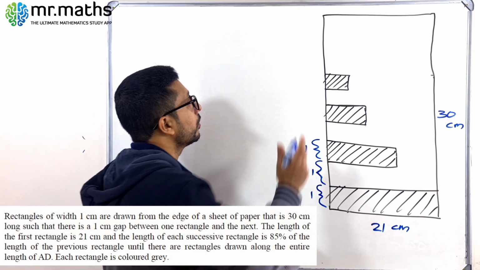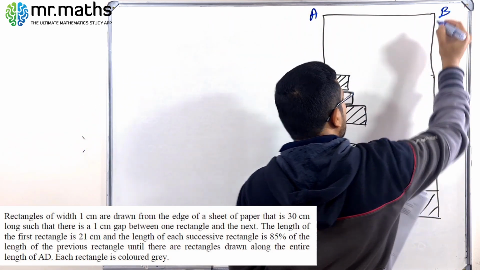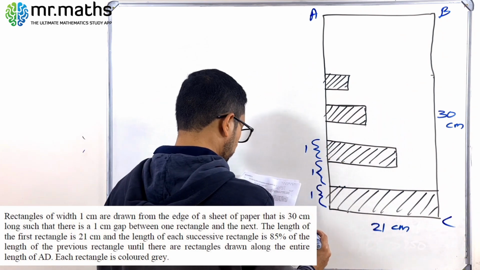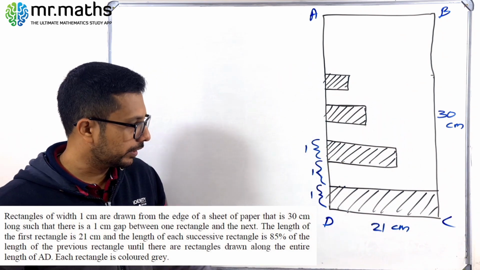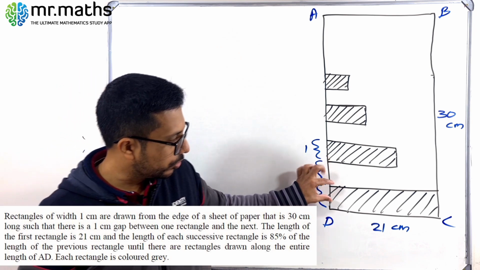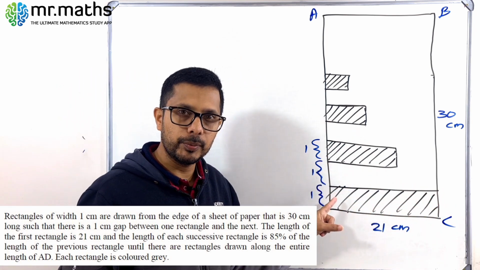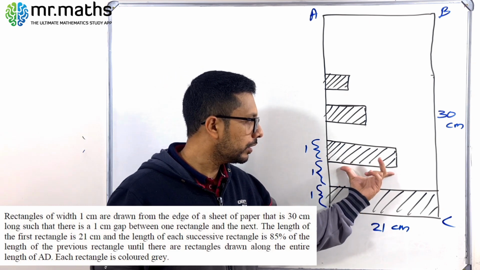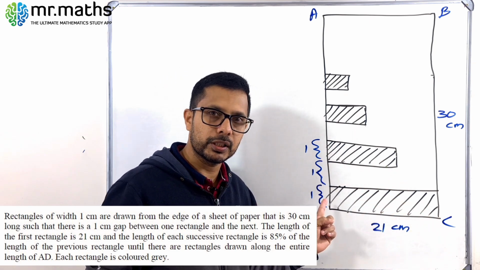Okay, so they call this one as A, B, C and D. Okay, so here what they are saying is that this first one is 21 centimeter, this black shaded one is 21 centimeter. Okay, then this one is the 85% of this 21 centimeter.